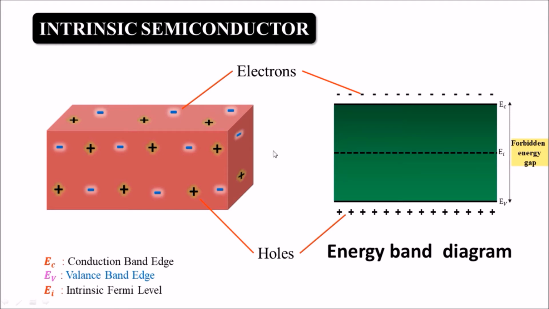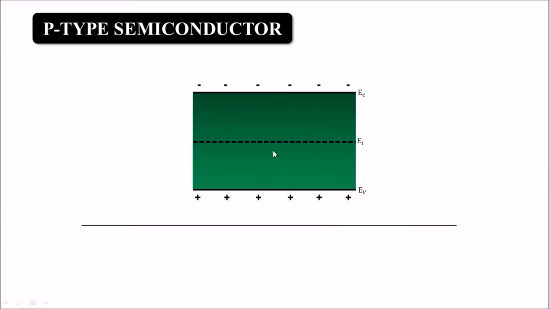Now we will see the P-type semiconductor. Right now this is the intrinsic semiconductor, and to make it a P-type semiconductor we need to dope it with acceptor impurities. Acceptor impurities have the property that they have a vacancy of electrons.